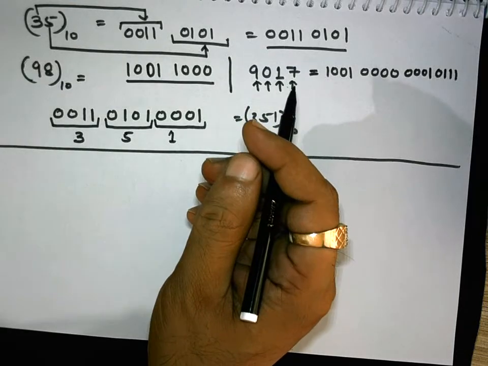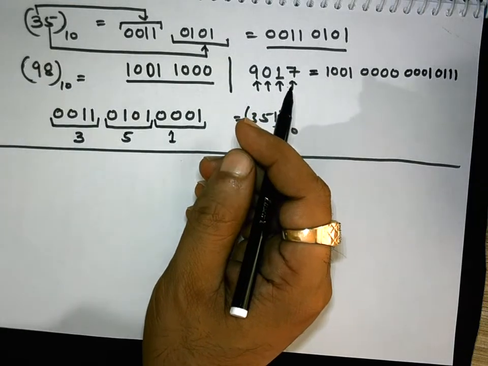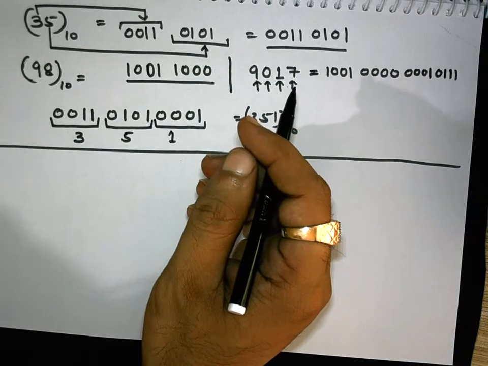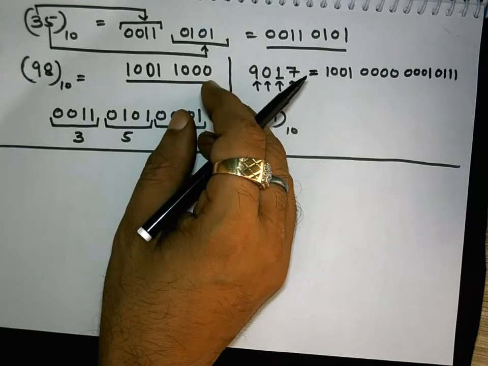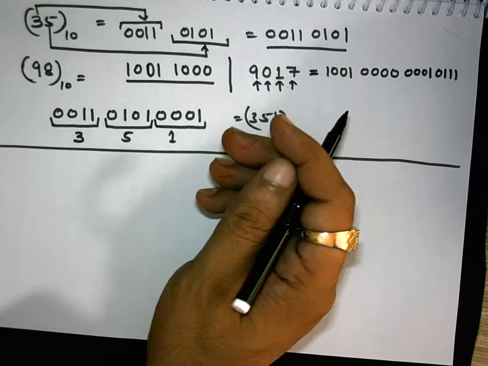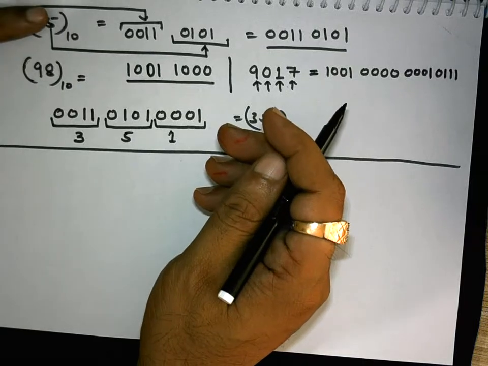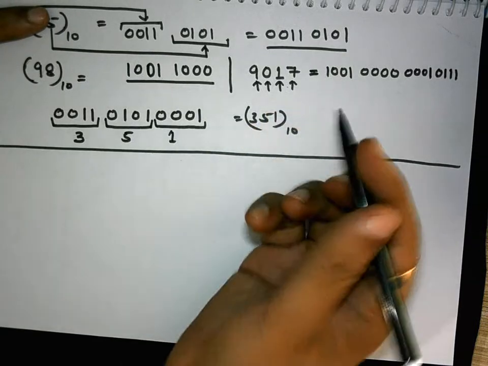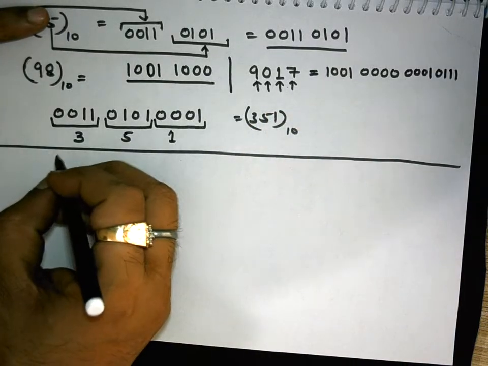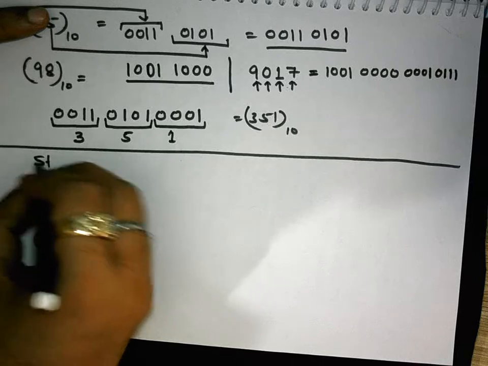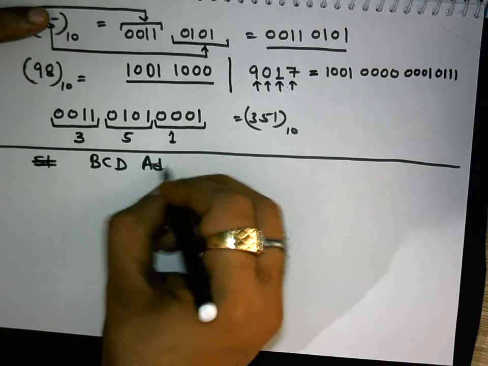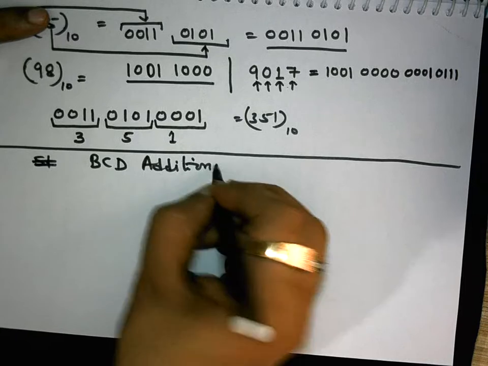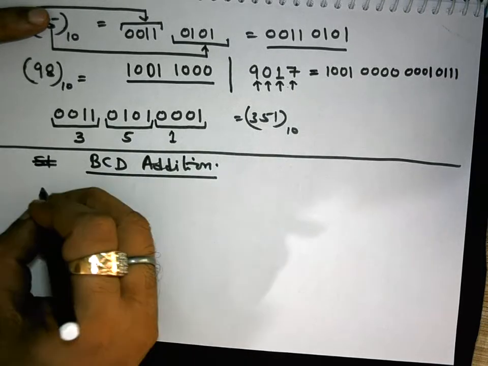Now I am coming to BCD addition: the process, what precautions should be taken while adding BCD numbers, and what the rule is to add two BCD numbers. It is basically a 3-step process.